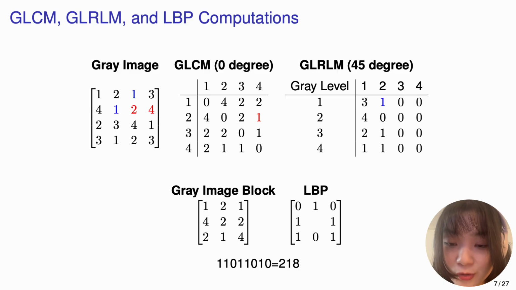Here, from 1, 1, 0, 1, 1, 0, 1, 0, in the counterclockwise direction, we form an 8-bit binary number, and then we get 218. That's how we represent the local binary pattern.